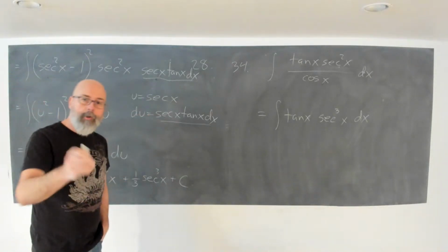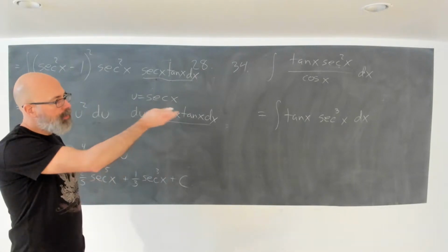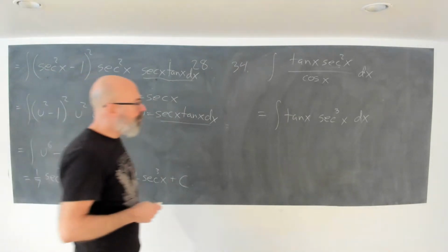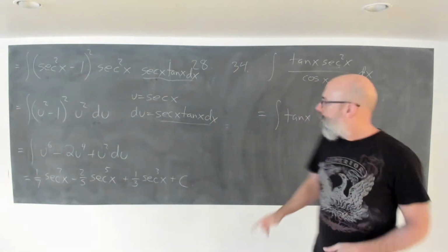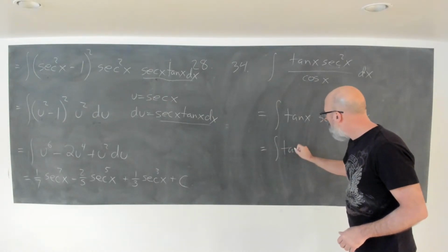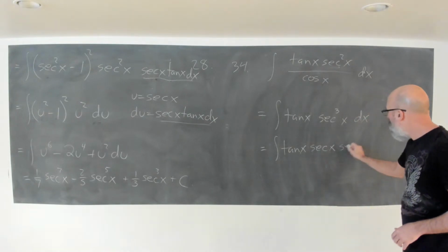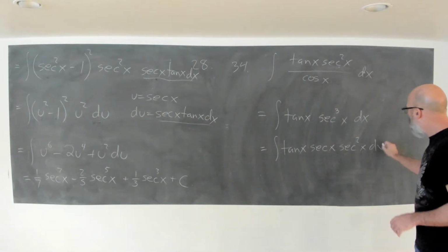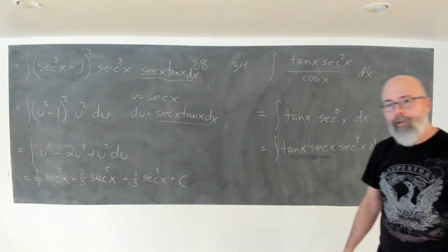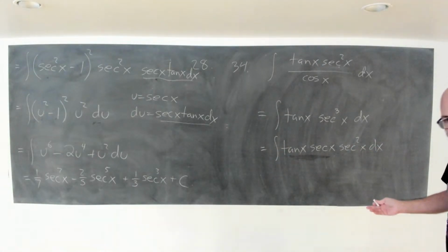You could have decided to convert everything to sine and cosine, but since tangent and secant work very well together, and as suggested, you could rewrite this by breaking up the secant cubed into secant and secant squared. And you see that this is the derivative of secant. And everything else is written in terms of secant. You're done.